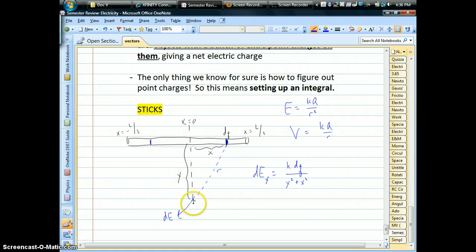So in this case, what we're really after is just the y component. And how do we do that? Well, like we always do with vectors, if we know what this angle is with that vertical line, which would be the same as this angle in this bigger triangle, to pick out just the downward component, we have to multiply by cosine of that angle.